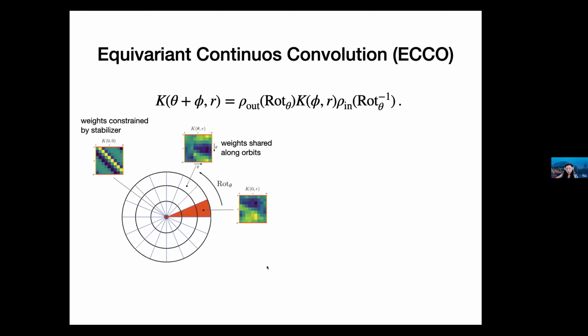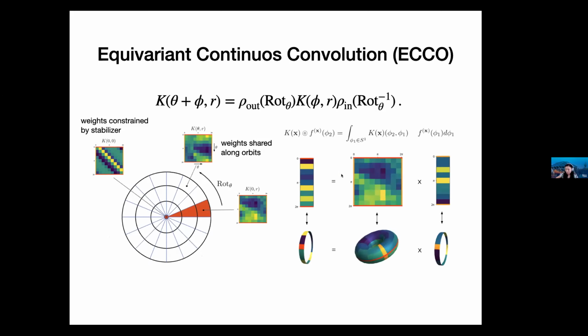Okay, because our hidden features are functions on a circle, we can think of this kernel as a torus. The features on the torus, when you cut it open, each of the pieces become the weights of the kernel.